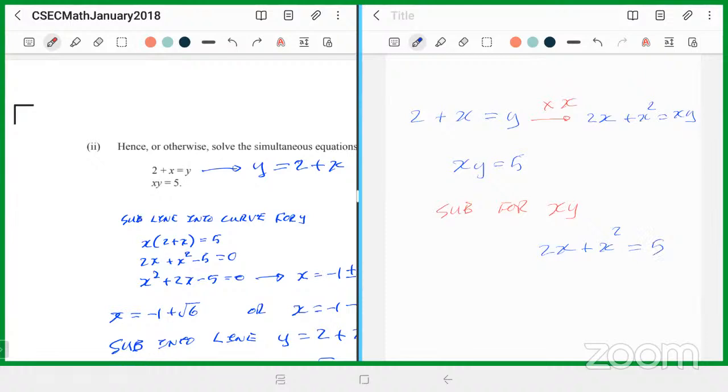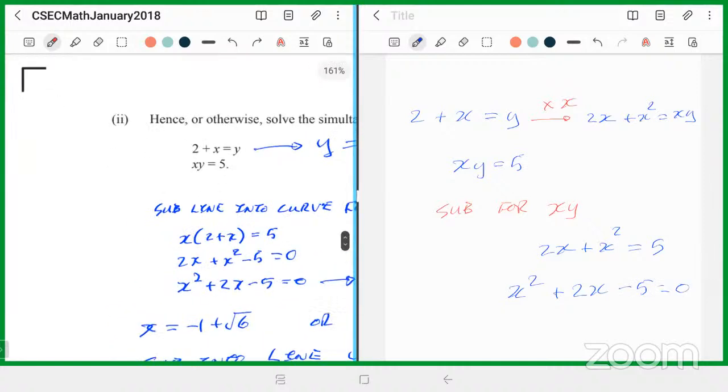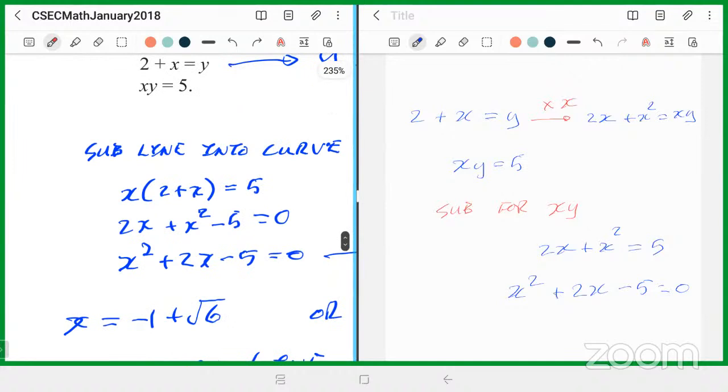If I transpose it now, I get x squared plus 2x minus 5 equals 0. So you see we end up with this very same equation right here, the same equation that we have right here.